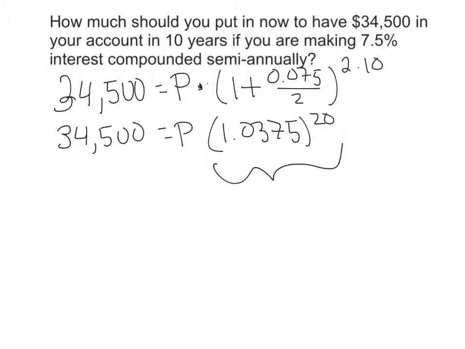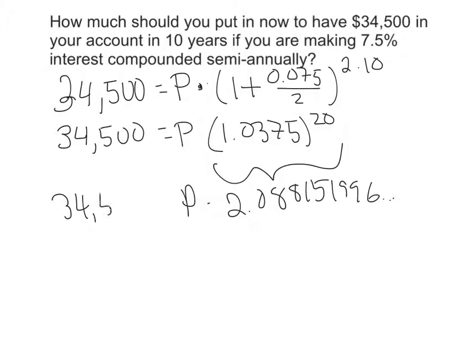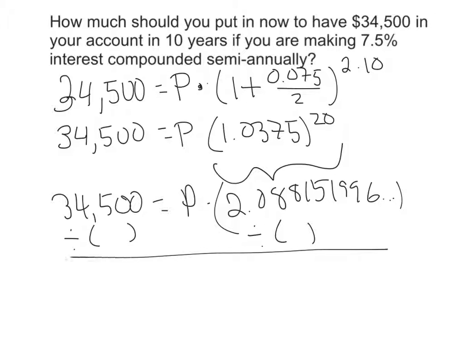This lump right here is 2.0881519996, etc. And we simply divide both sides by that lump now. So we're going to divide by this thing in the parentheses. Divide each side by that thing in the parentheses. And that's going to give us a principal of approximately $16,521.79. Hope this has been helpful.